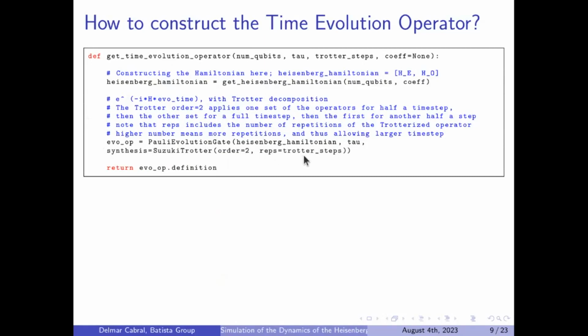So this allows you to decompose this tau into a small enough time step such that our approximation of this matrix exponential will yield a suitable representation for our time evolution operator.